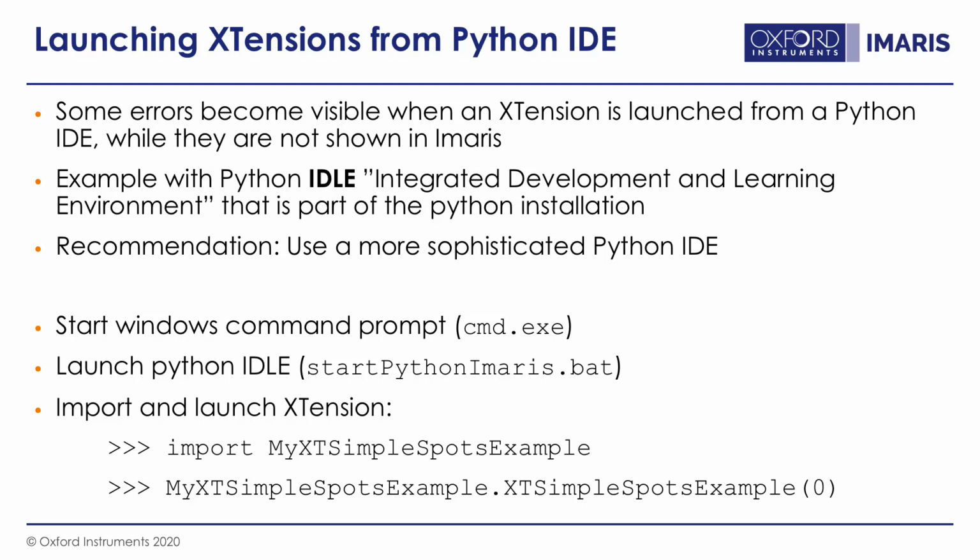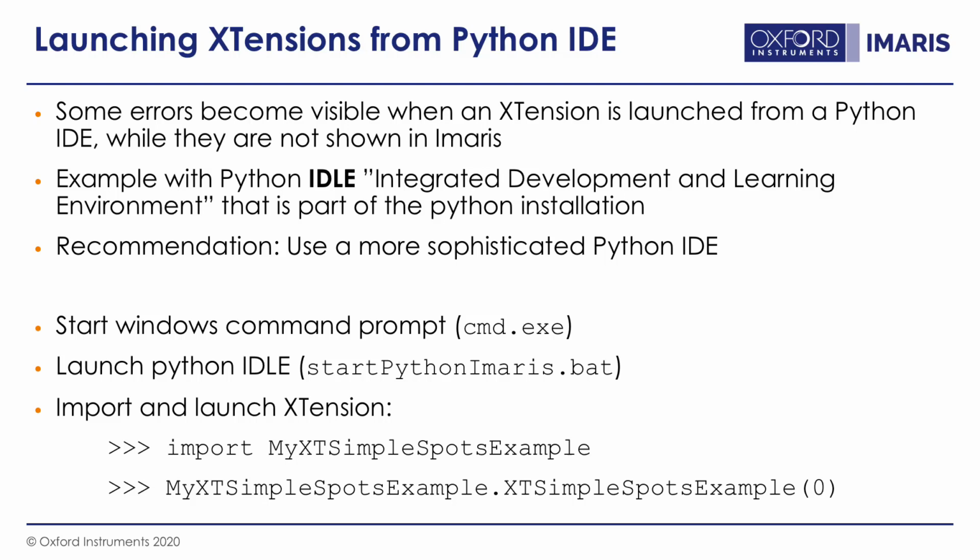In the next slides, I'll show you how to call a Python extension using Python IDLE, the integrated development and learning environment. That's a very simple IDE of Python that comes with the Python installation. I chose this one because it's fairly simple to show, but I recommend that you use a more sophisticated Python IDE.